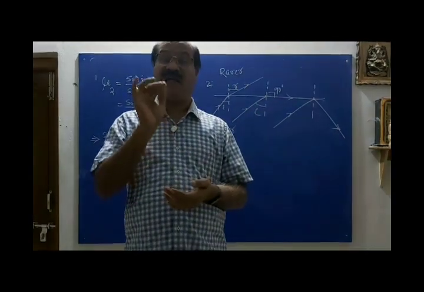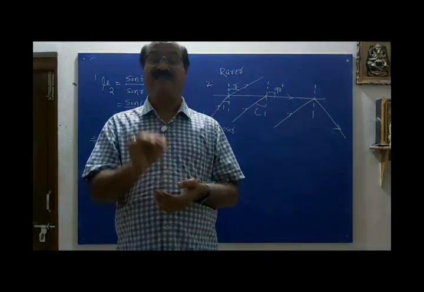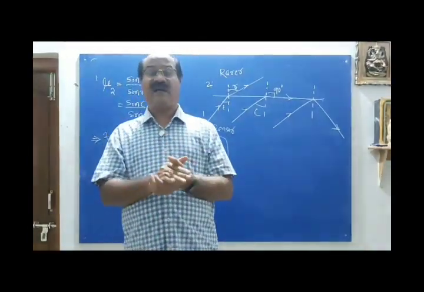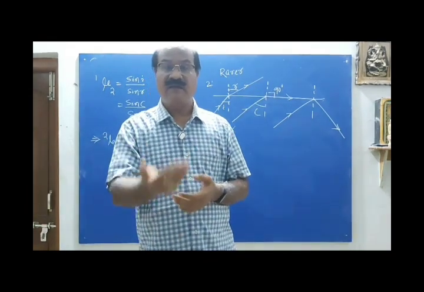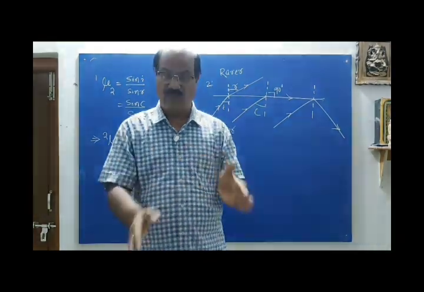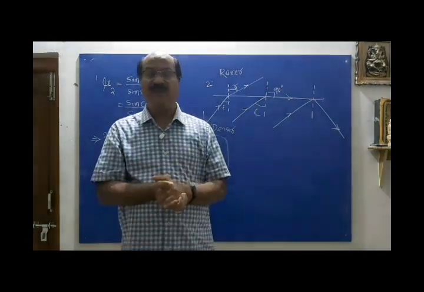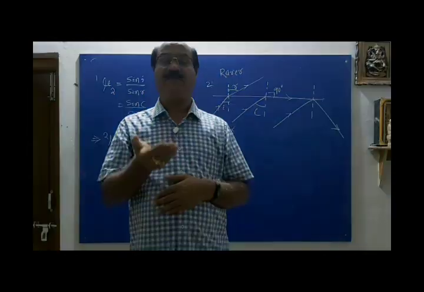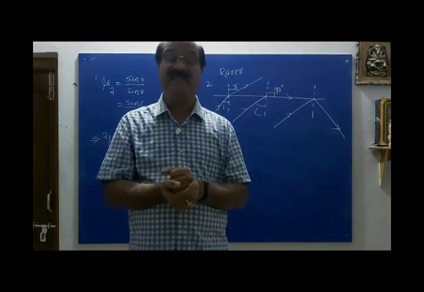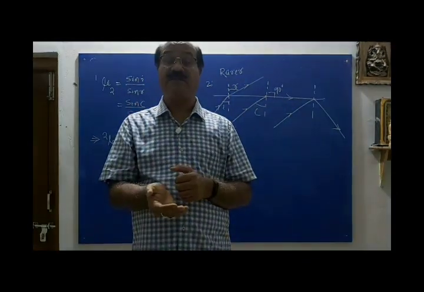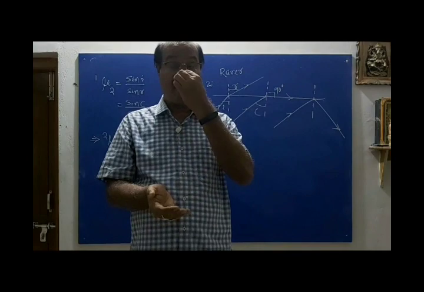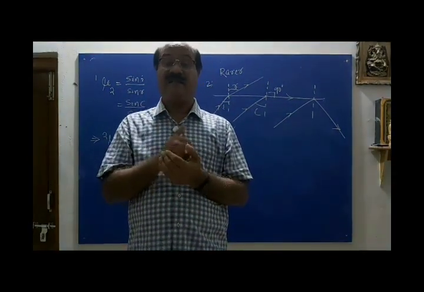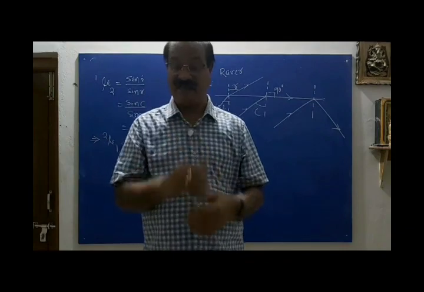Remember, if air is hotter, its density will be low and refractive index will be low. So in a desert area, as we go from the ground to the topmost of the atmosphere, density of air increases, refractive index of air increases.